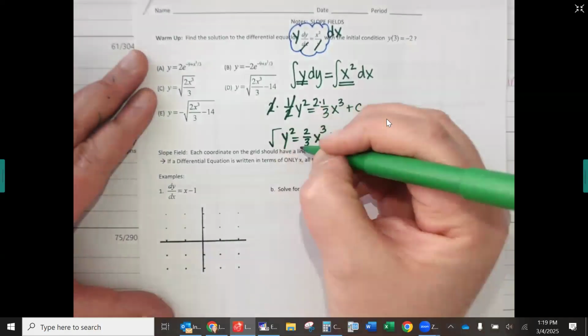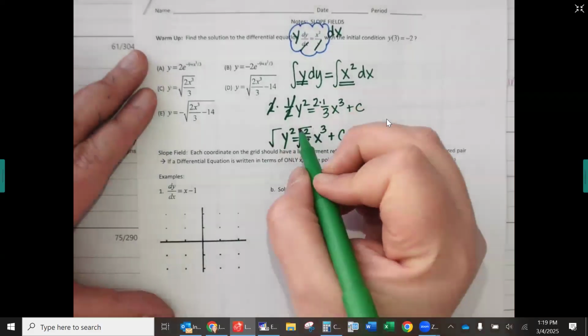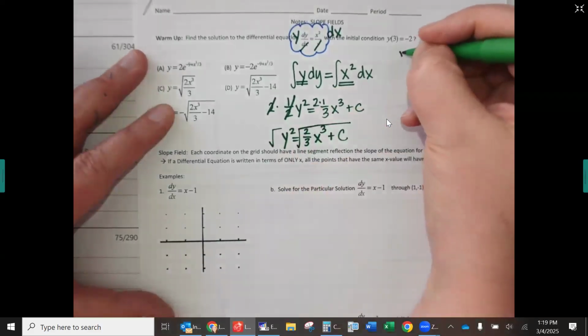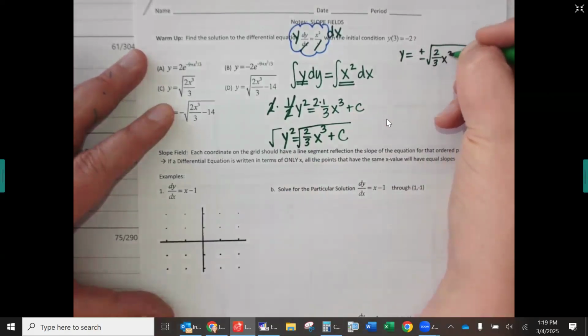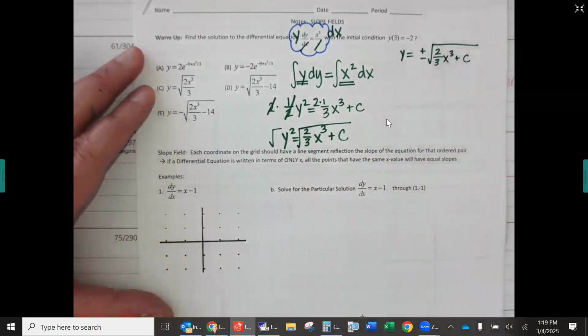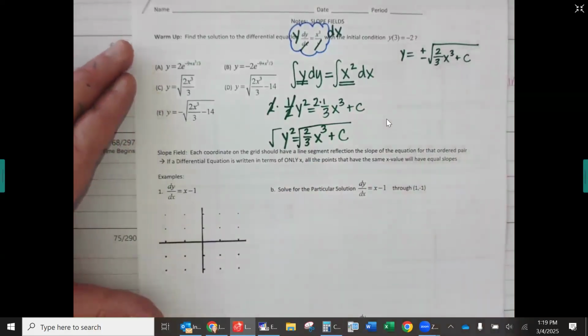square root. Okay, remember, for a square root, you should do a plus or minus. So our general solution is plus or minus the square root of 2/3 x cubed plus c. Now, out of those options, which multiple choice answers can we get rid of?